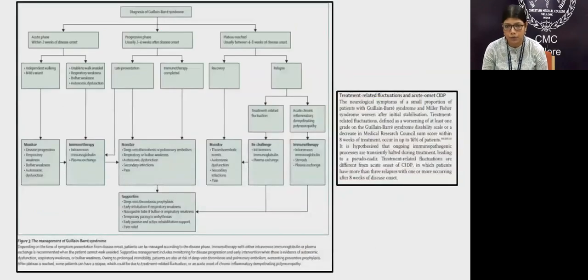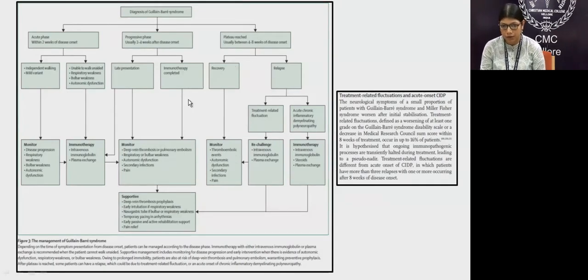Apart from the immunotherapy, we need to monitor these patients for dysautonomia and deep venous thrombosis. DVT prophylaxis needs to be given, and we need to carefully look for DVT formation or pulmonary embolism development. And if they have respiratory or bulbar weakness, we need to monitor intensively and decide to intubate or ventilate the patient if there is worsening of the respiratory muscle or bulbar muscle weakness.